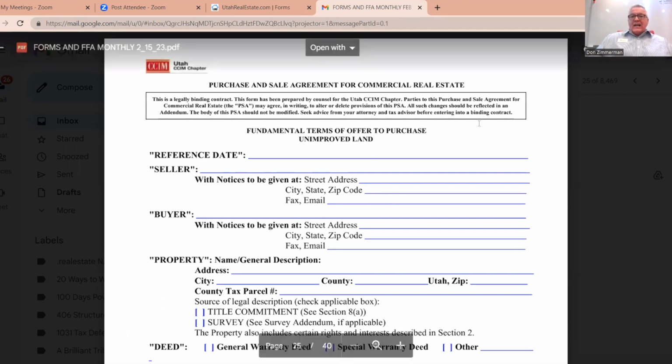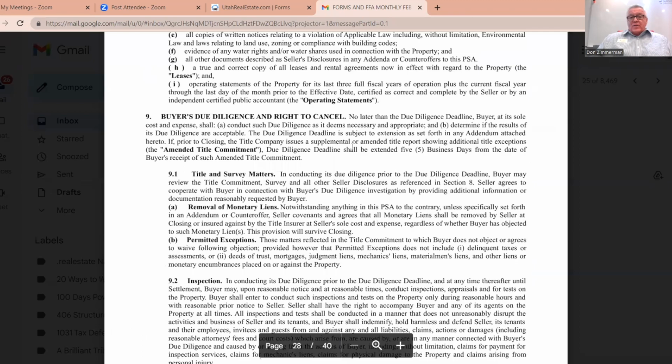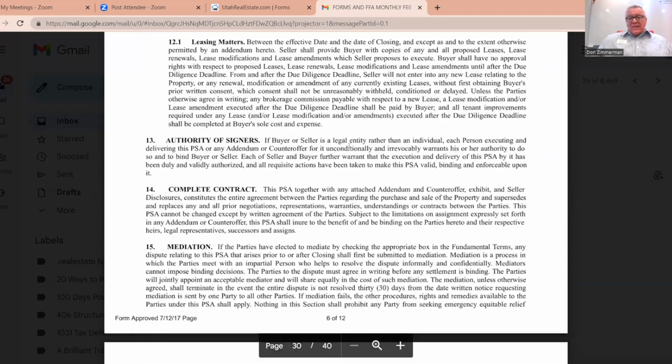So they consider that a commercial real estate transaction, and they have created a form. And this is through the CCIM, which is a national chapter. It's the highest designation that a commercial agent can get. So anyway, now there is an agreement for purchasing raw land.